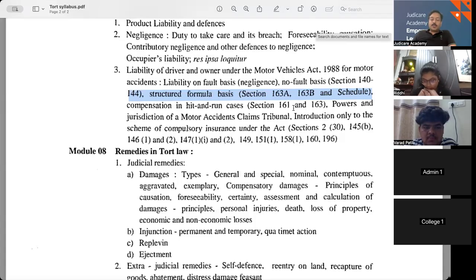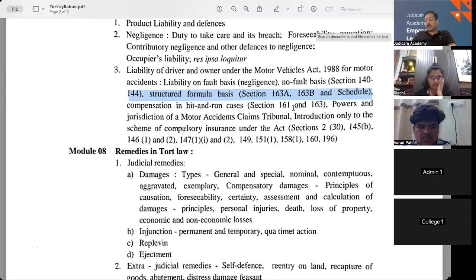While section 147 talks about the requirement of policies and limits of liability. So how are the requirements of the policies in the limits of liabilities? In order to comply with the requirements of this chapter, a policy of insurance must be a policy which, so how a policy has to be, is issued by a person who is an authorized insurer. So an insurance policy which is issued is also by an authorized insurer.